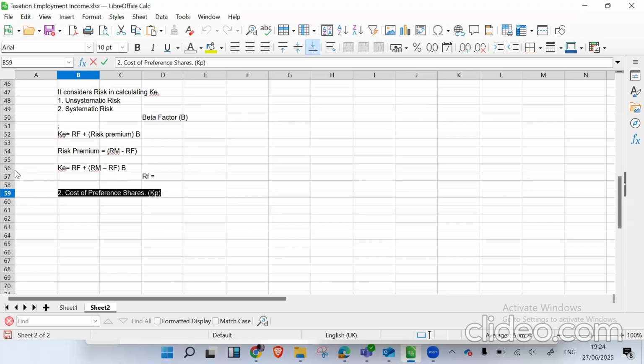That is KP. Then we say, yes, it is the required rate of return by preference shareholders.